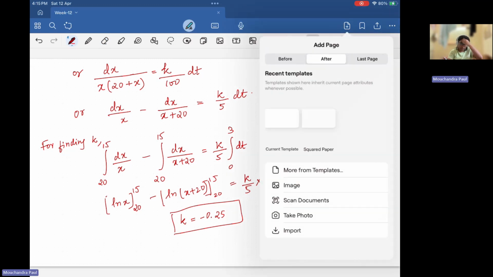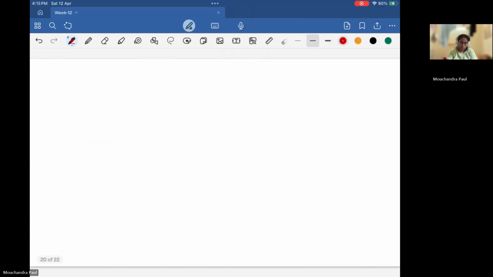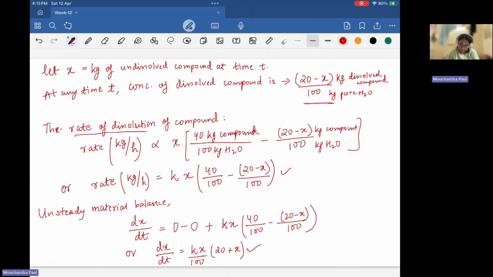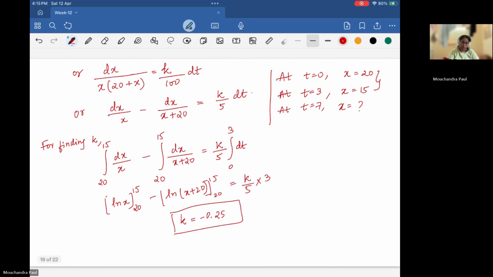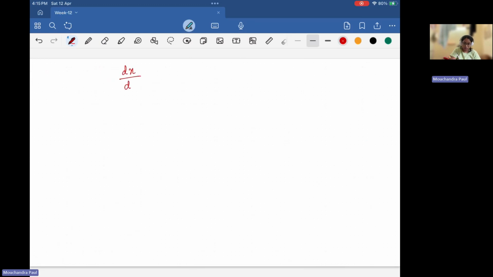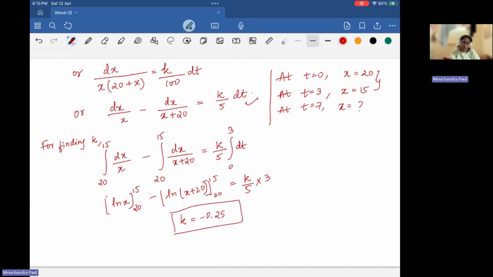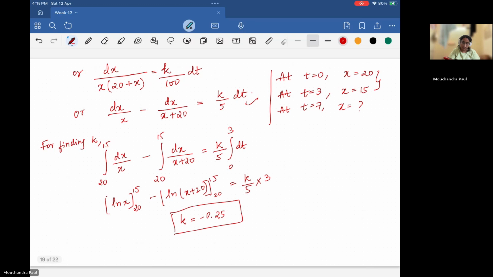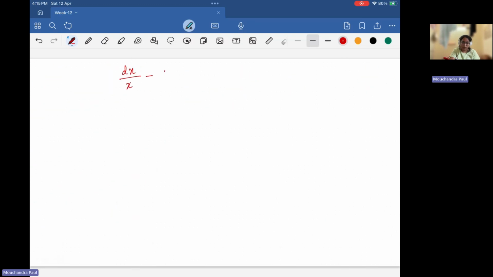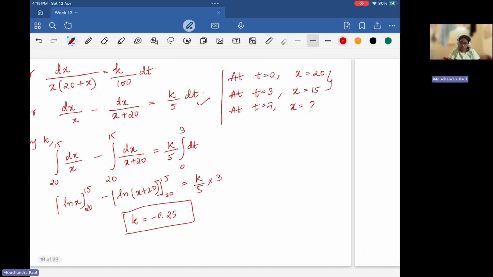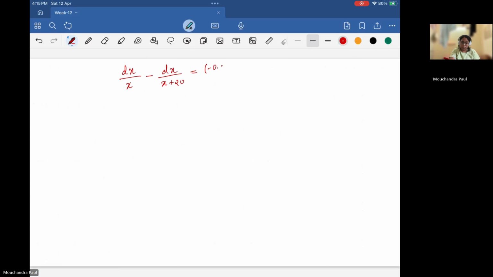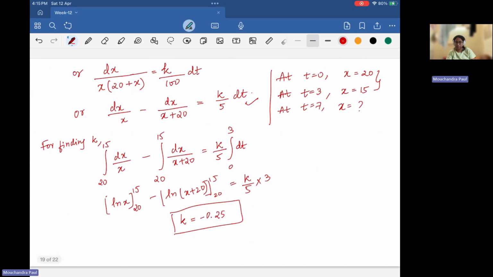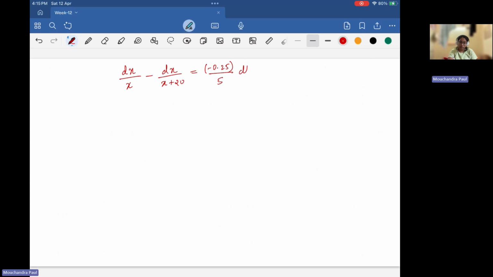Now we can substitute this value of p in this expression, and then find the value of x for time 7. So we write this expression dx by x minus dx by x plus 20 equals q, which is minus 125 and 5.